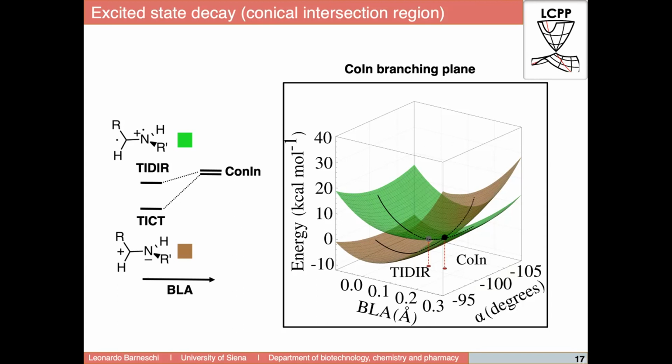It's also very nice to see that it has a pure character because it's located close to the conical intersection that's changing the character according to the geometric phase theorem.